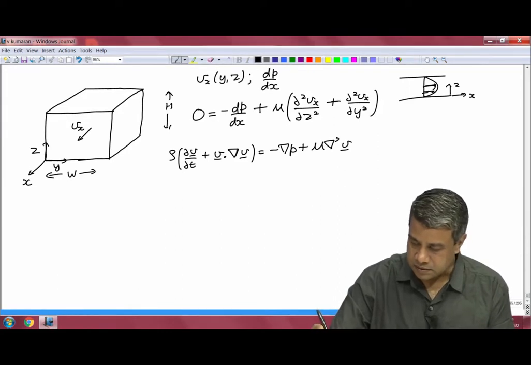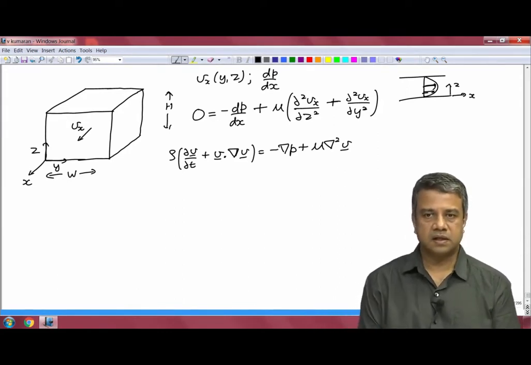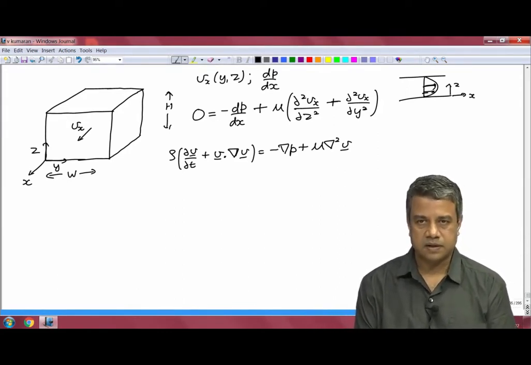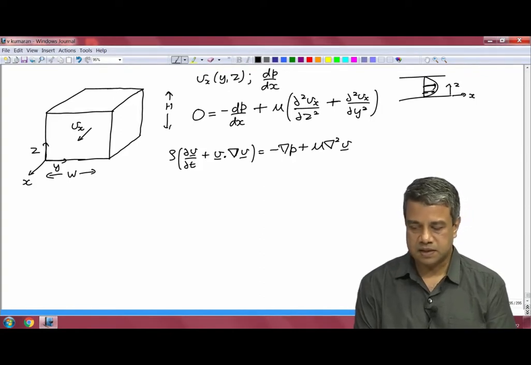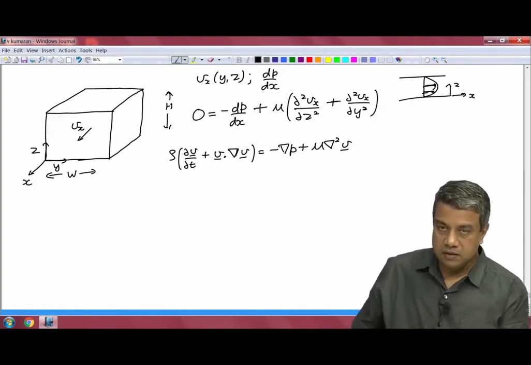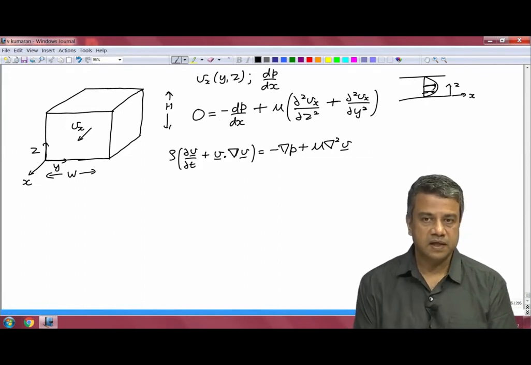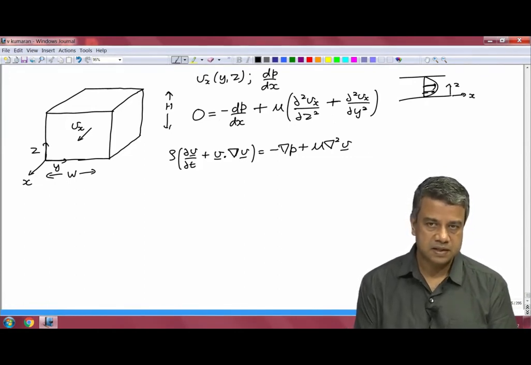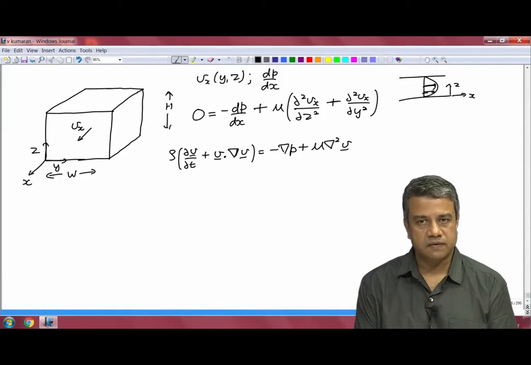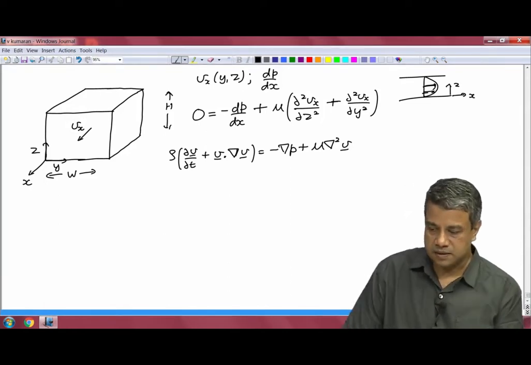This is the general equation. You can write that in a Cartesian coordinate system for the three components. I will leave that as an exercise for you to show that for a unidirectional flow, where Vx is only a function of y and z, and Vy and Vz are 0, the flow is only in the x direction.